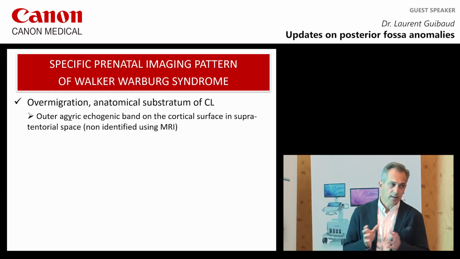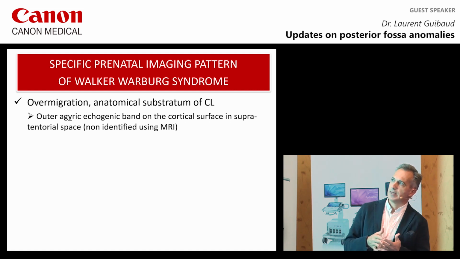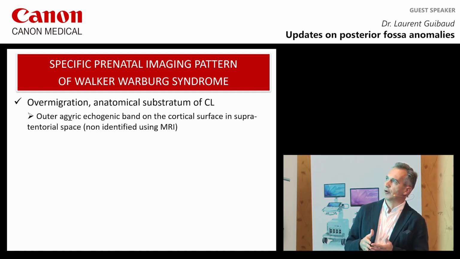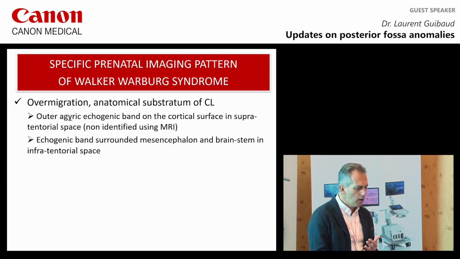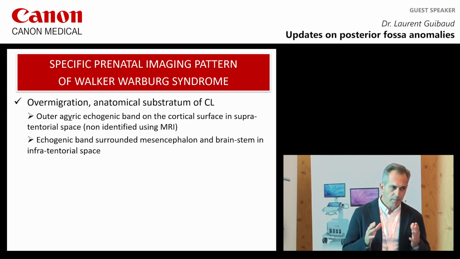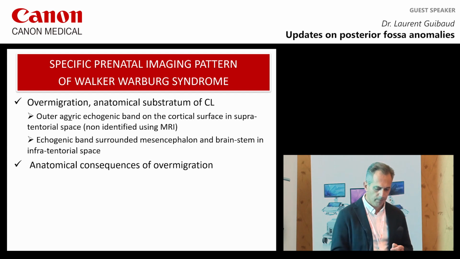You can make this diagnosis on the basis of the outer hyperechoic band on the cortical surface in the supratentorial space, not identified using MR, and you have the same band of tissue in the mesencephalon and brainstem.